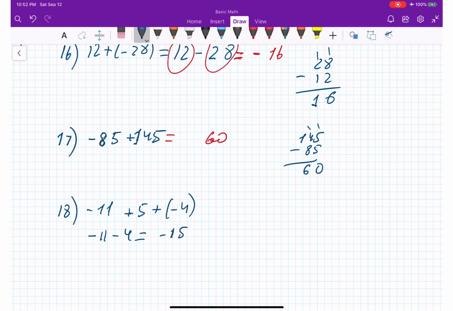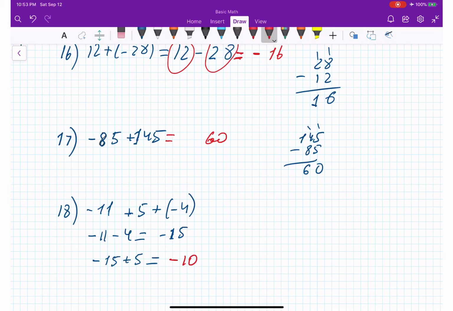Because both signs are the same, we add them. And since both of them are negative, nothing to choose from. It's going to be negative. Then we can do negative 15 plus 5. Signs are different, which means we are going to subtract. 15 minus 5 is 10, and 15 is bigger than 5, and it has the negative sign. Therefore, the final answer is going to be negative 10.